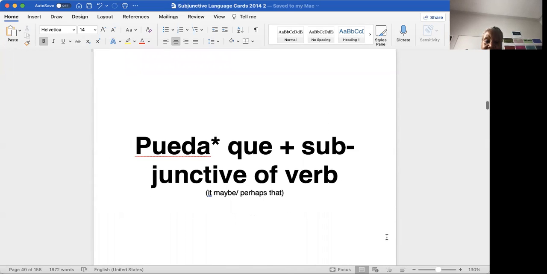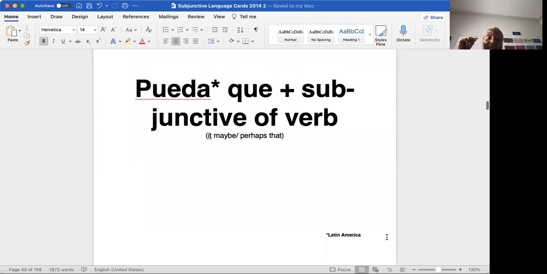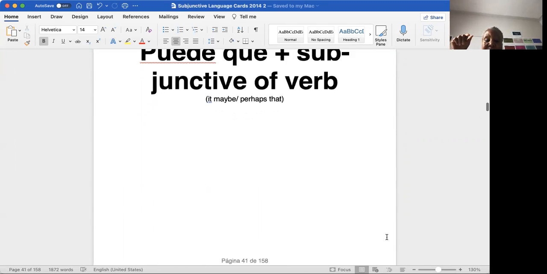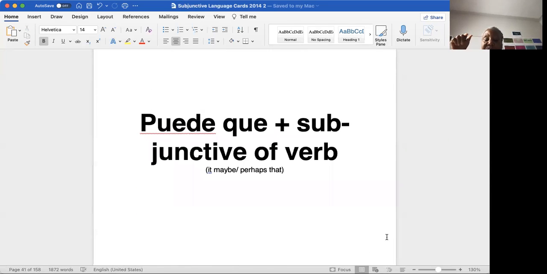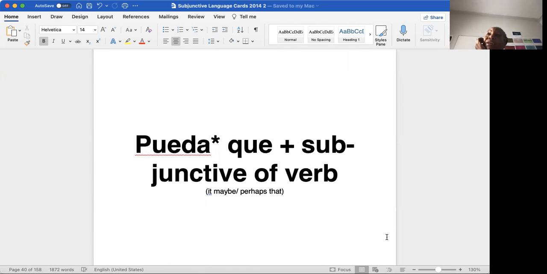Pueda que plus the subjunctive of the verb. Okay, and here they have pueda, but that's only used in Latin America. In European Spanish, you don't say pueda que, you say puede que. But I heard this a lot. I can remember this one woman, her name was Tita.